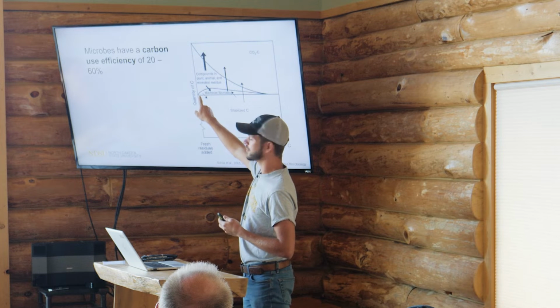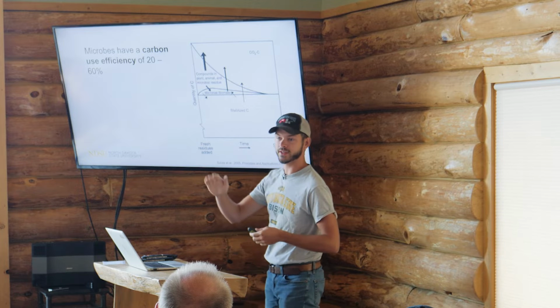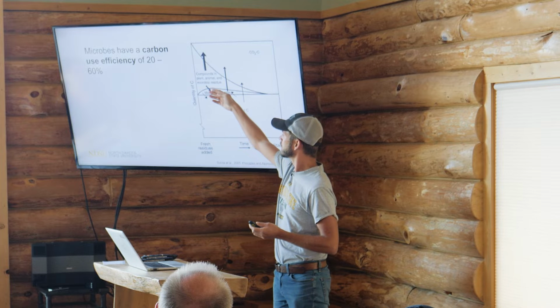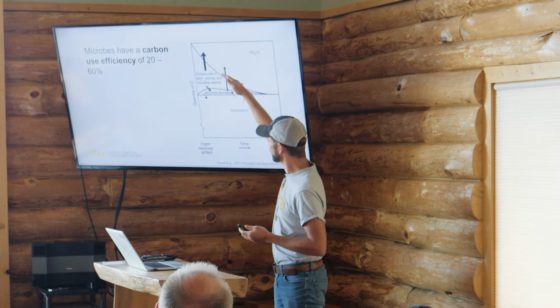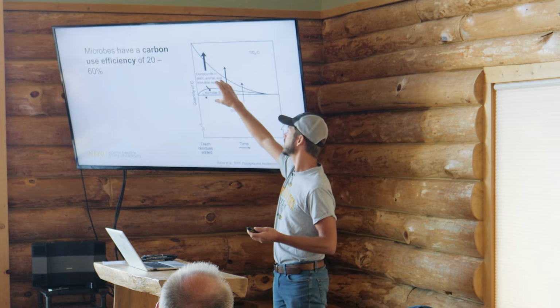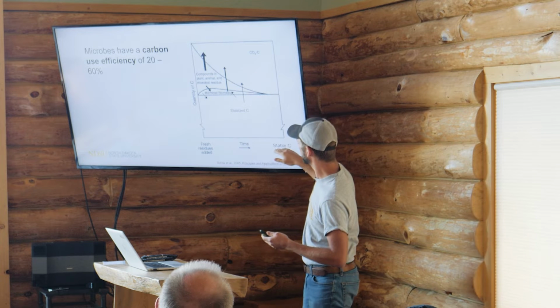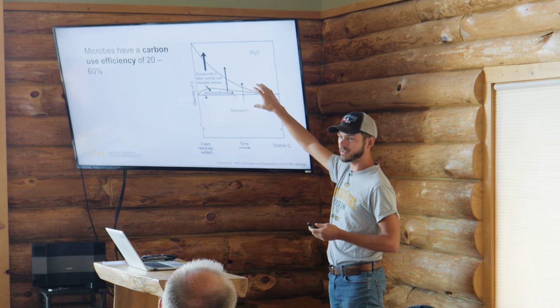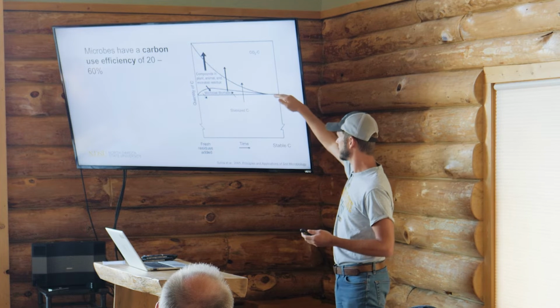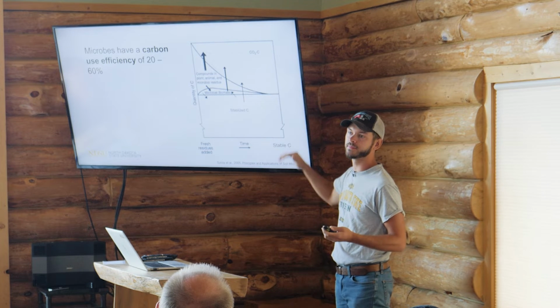And then as the microbial biomass increases really quickly, there's a lot of food for them to eat. It goes up and then slowly starts decreasing as the amount of organic material in the soil decreases as well. And eventually we get to the point where everything's been decomposed, microbial activity is fairly low, and now you're left with stable carbon within the soil.